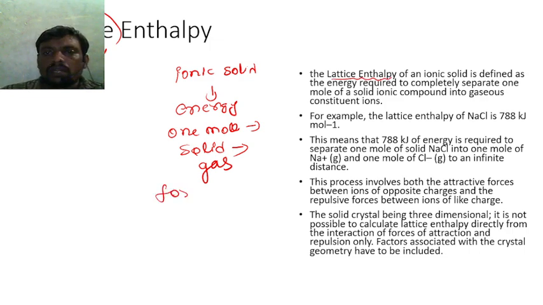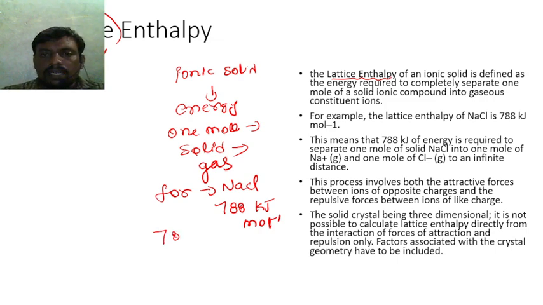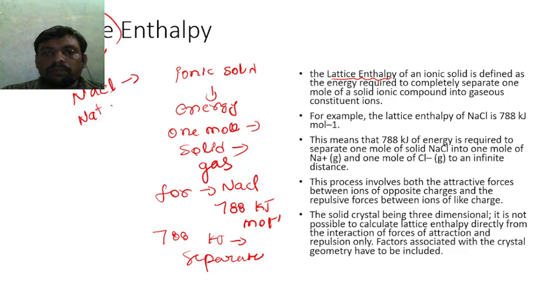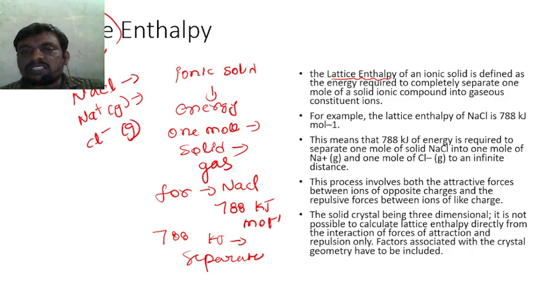For example, the lattice enthalpy of sodium chloride is 788 kJ mol inverse. This means that 788 kJ of energy is required to separate 1 mole of solid sodium chloride into 1 mole of sodium gas and 1 mole of chlorine gas to infinite distance.